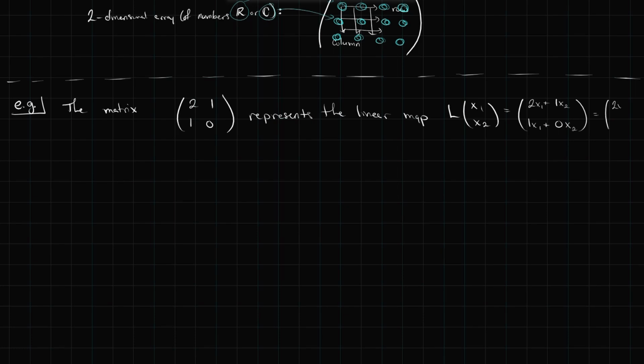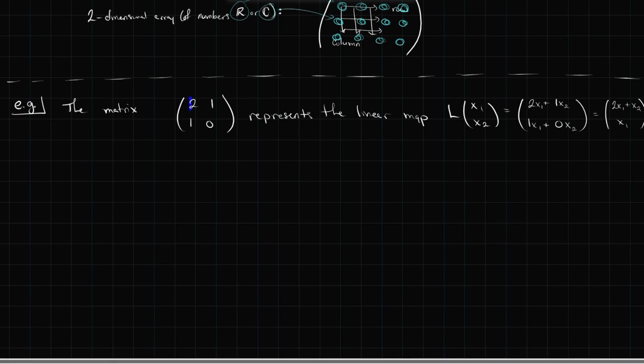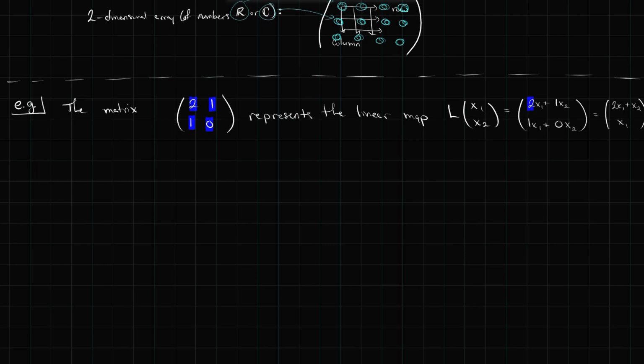We could write this a little bit easier as 2x1 plus x2, and then just x1 in the second coordinate. So that's a linear map, and these four numbers represent the four coefficients in the output. So the entries in a matrix, often in parentheses, represent the coefficients of the output of a linear map.